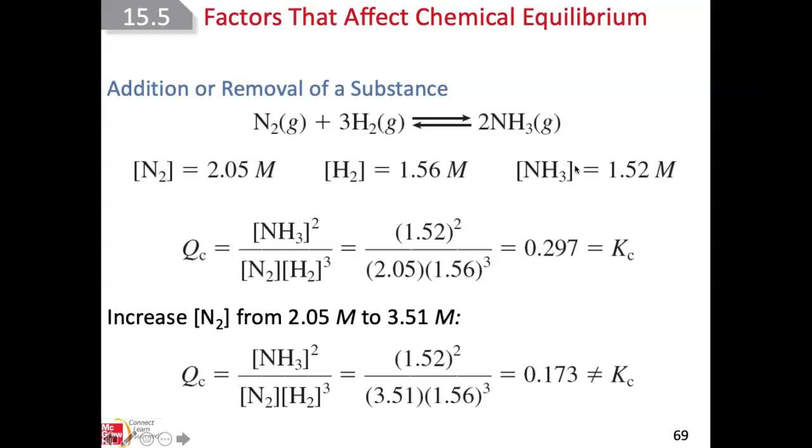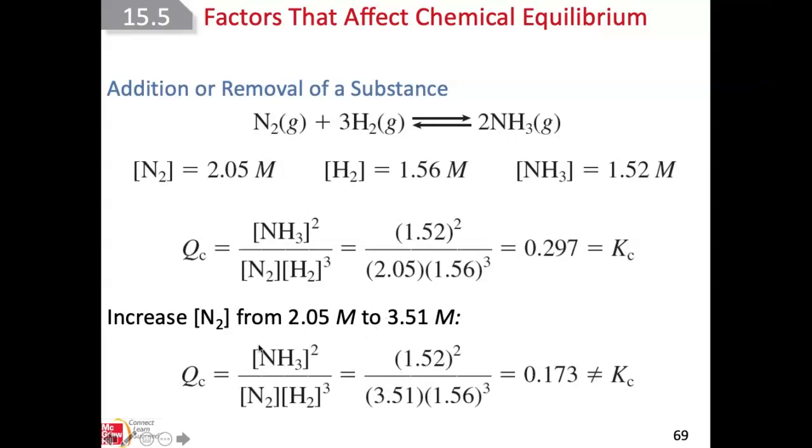So let's say we are disturbing the equilibrium, we're applying a stress. We will increase the concentration of N2. It was 2.05. Now we will change it to 3.51. So we really are increasing the concentration.